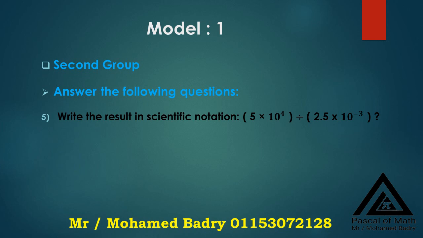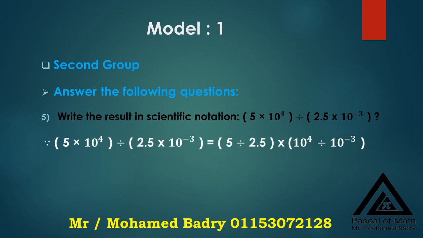Question 5. Write the result in scientific notation. 5 times 10 power 4, all divided by 2.5 times 10 power negative 3.